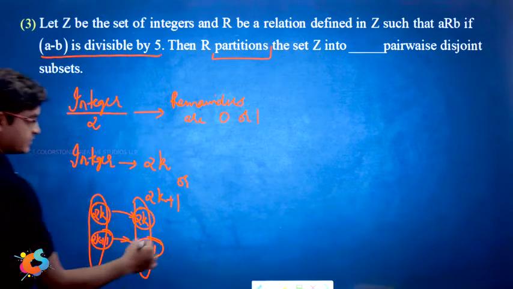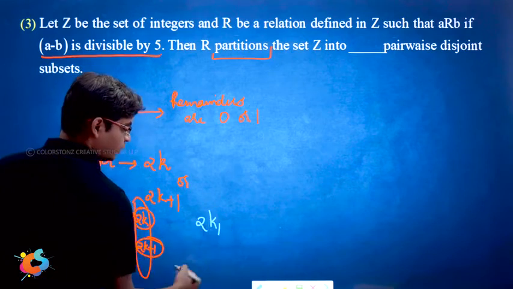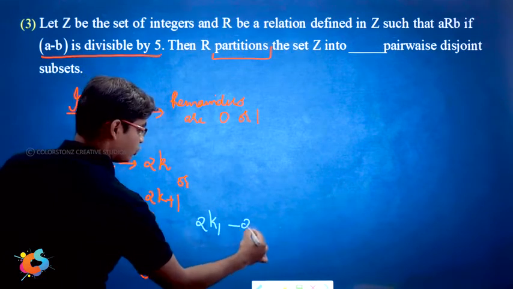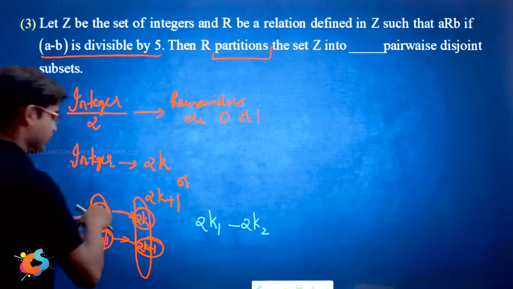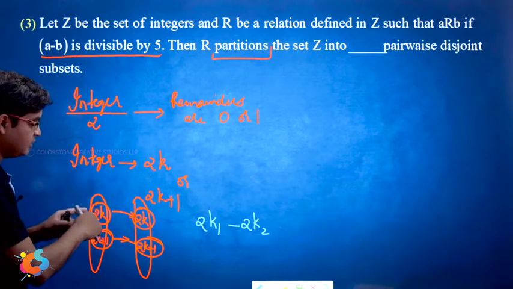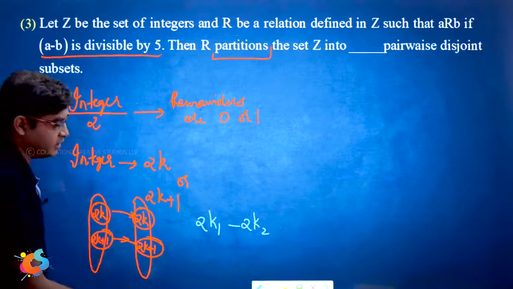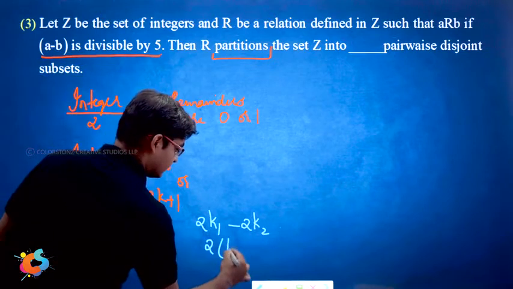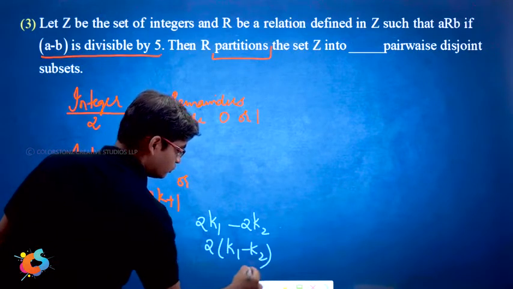Why? 2k means 2 into some integer. Here I have taken 2k1 as one element and 2k2 as another element. If you take the difference, it is 2 into (k1 minus k2).